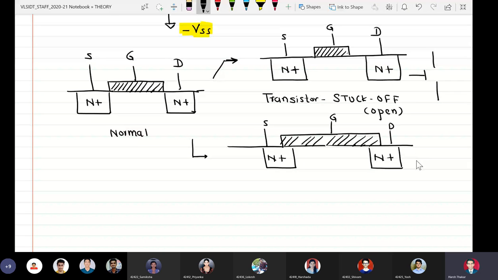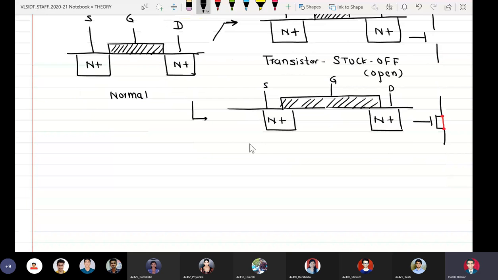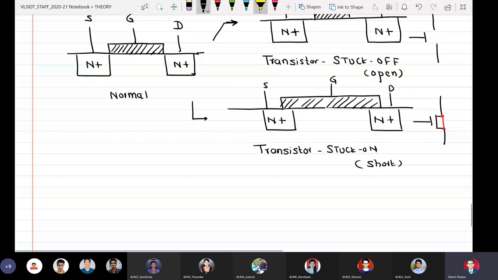It is actually similar to a short. This is an example of transistor stuck on or short.